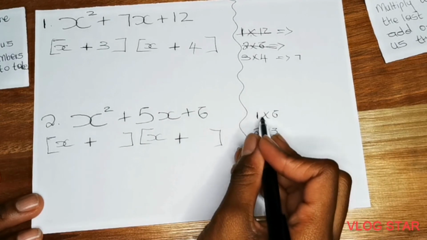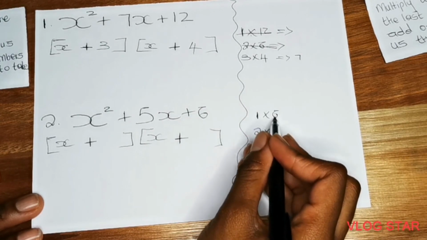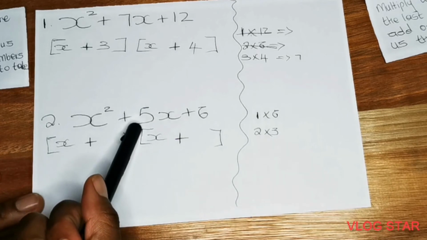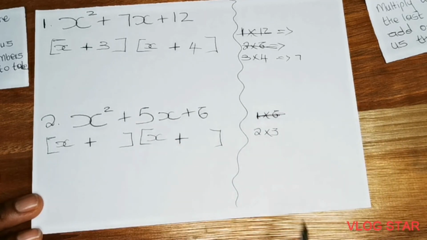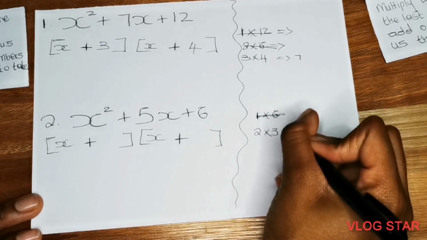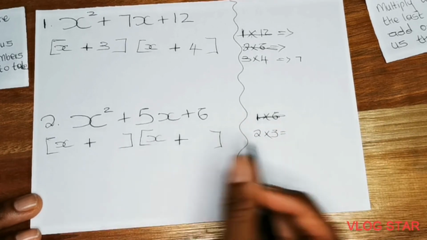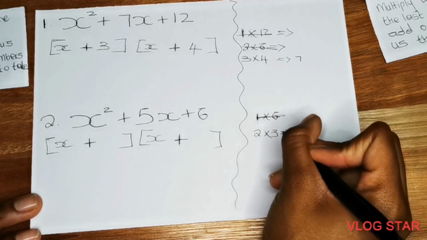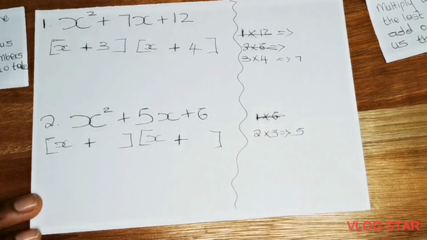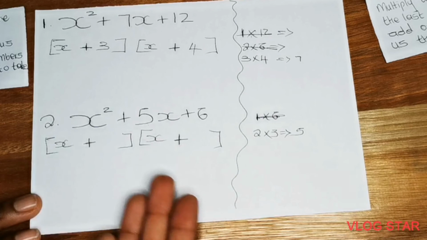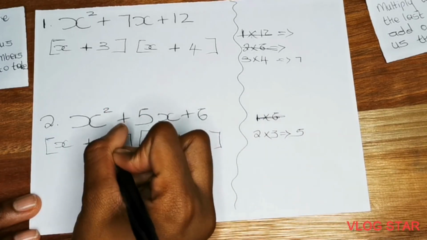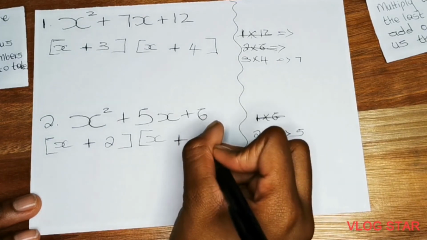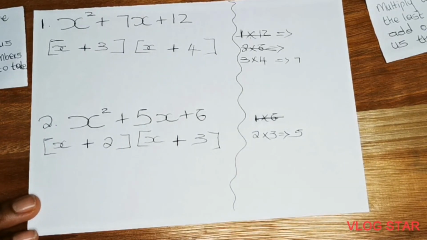When adding 1 and 6, do I have a chance to get 5? Nope, because 1 plus 6 equals 7. When adding 2 and 3, do I have a chance to get 5? Yes, because 2 plus 3 equals 5. So the two numbers inside our brackets are 2 and 3. We write 2 in the first bracket and 3 in the second bracket.